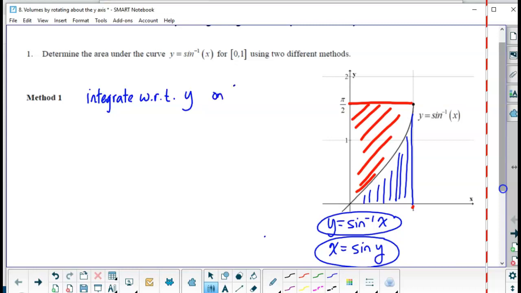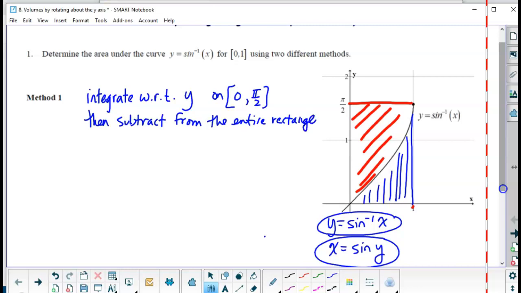Okay, and then the interval for that would be between 0 and pi over 2. And then subtract from the entire rectangle formed with the x and y axes.